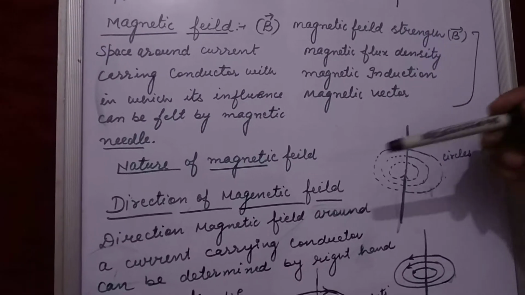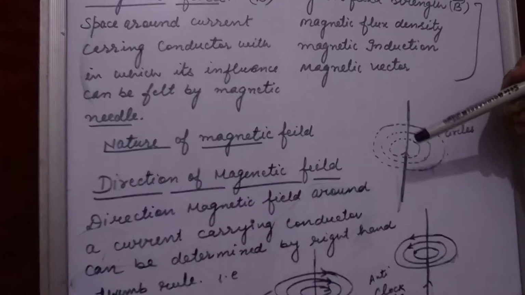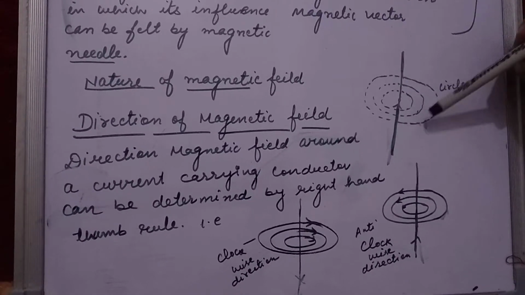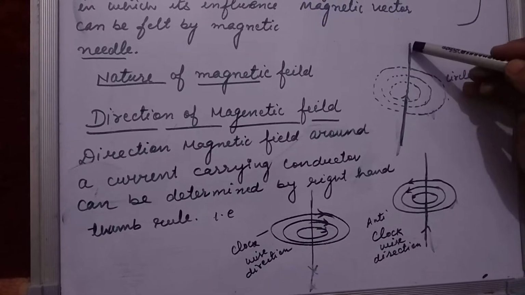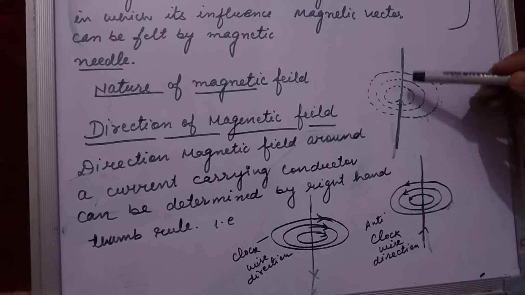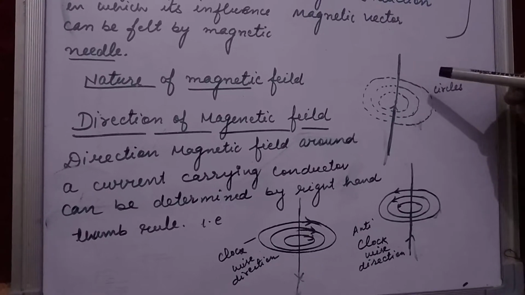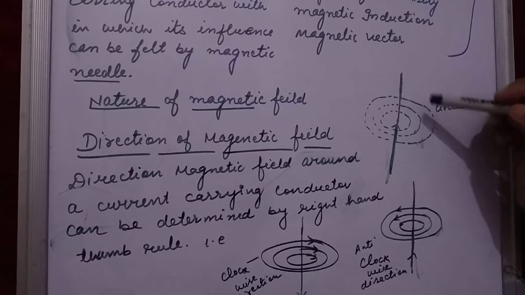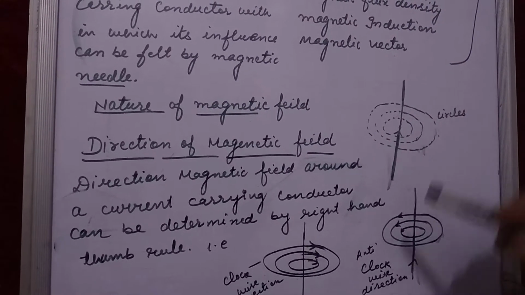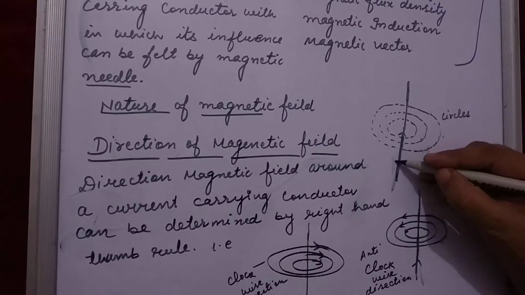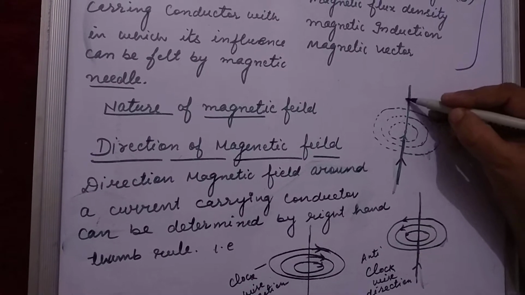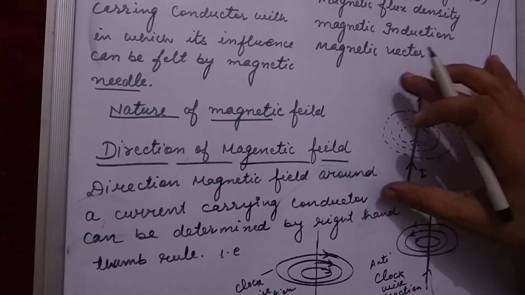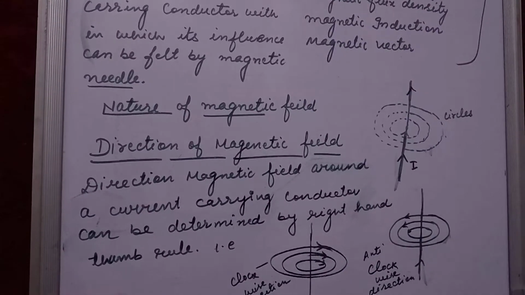Now we come to know about the magnetic field around a current carrying conductor. What is its nature? The nature of the magnetic field around a current carrying conductor is concentric circles. Suppose we have a conductor and I is the current flowing through it when we connect it across the battery.